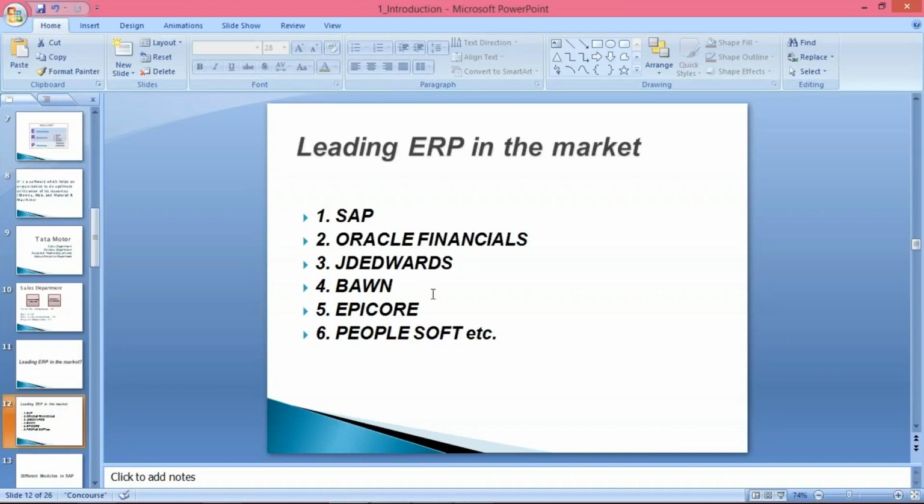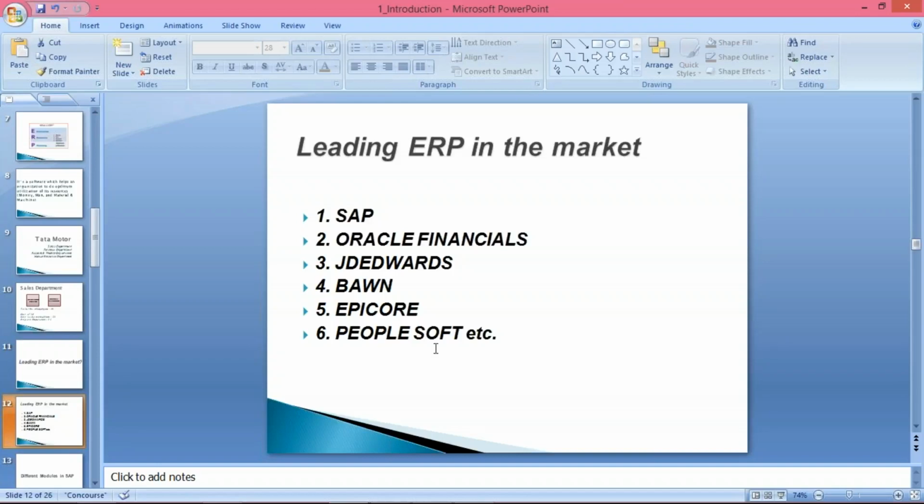Apart from this, there are Oracle, JD Edwards, BaaN, Epicor, PeopleSoft, even Navision and Tally, and several small ERPs and small software products in the market. Some of the ERPs have been developed for a particular industry, for example for retail.